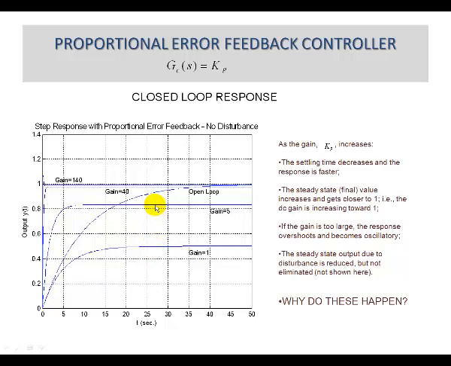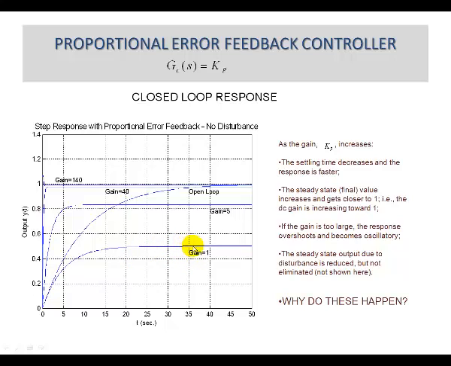Now, similarly, as the gain increases, we get closer to 1. This is a little over 0.8. At 40, it's over 0.9, 0.97 maybe. So we're getting close, but we're still not exactly at 1. And so this produces a steady state tracking error, which is not desirable.